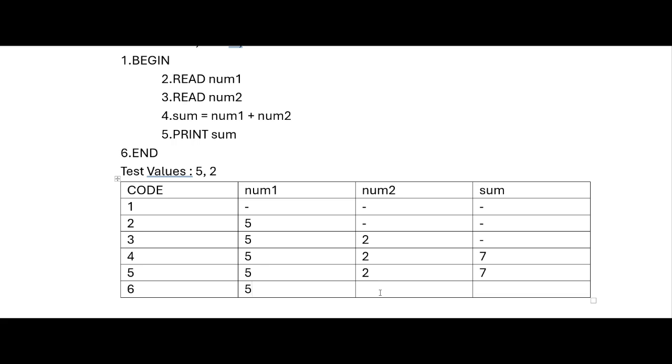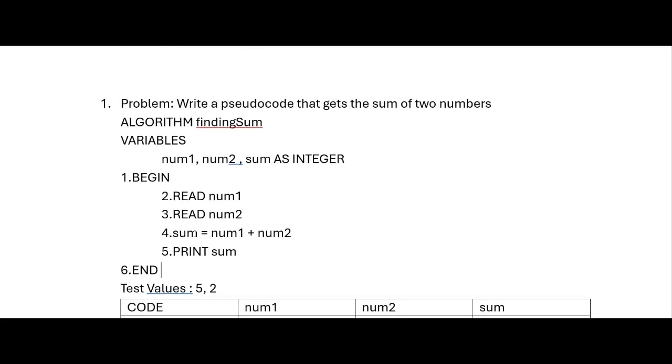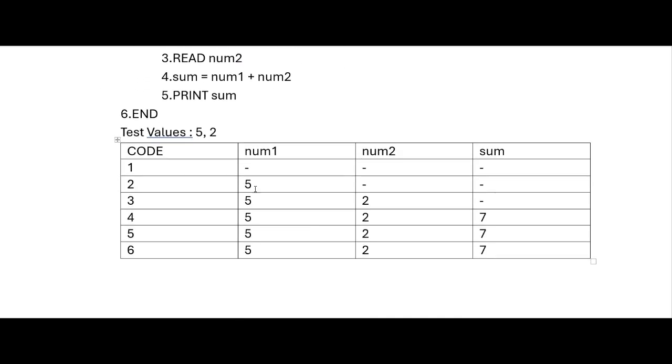When our program ends, we still have the value 2 inside of num2, and we still have the value 7 inside of sum, right? And since 5 plus 2 is 7, based on our trace table, we know that this pseudocode actually runs correctly. Right? So this is how we do our trace table.